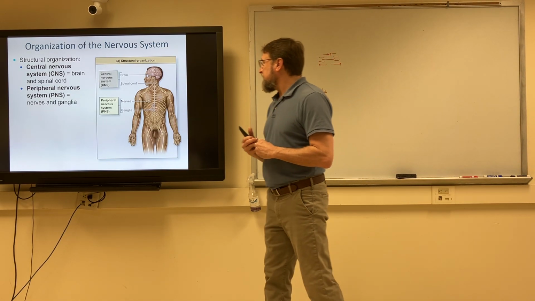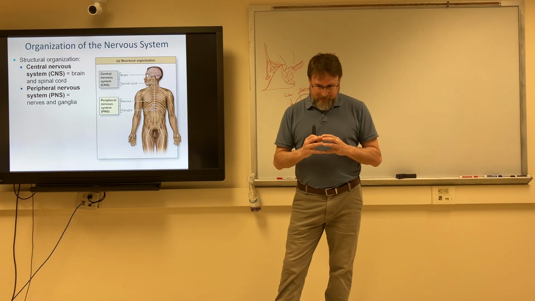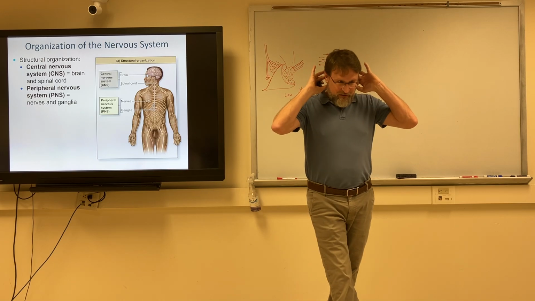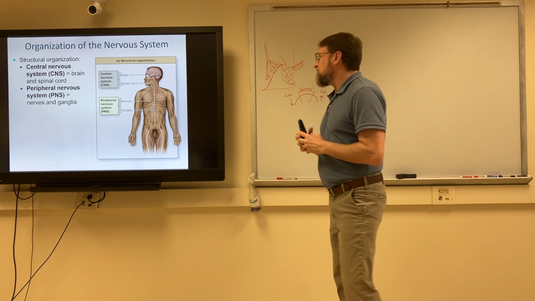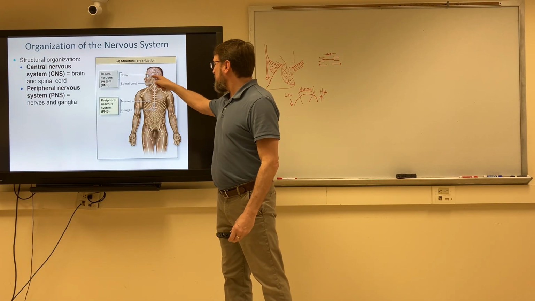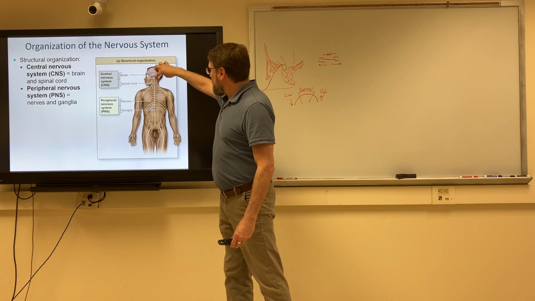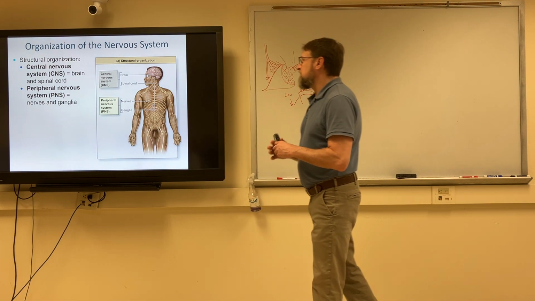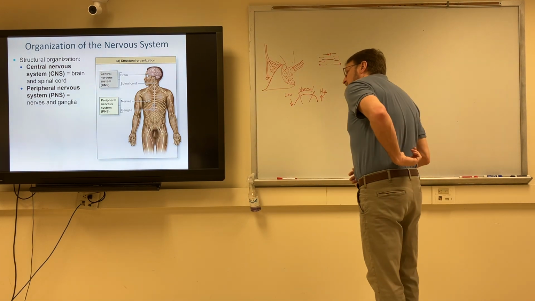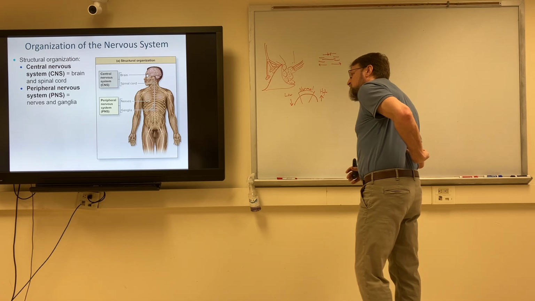The way to define it is if it's protected by bone, which would be our old friend the skull, the cranium, or the vertebral column, that is called central. So the central is literally the brain itself, behind the skull, and the spinal cord, which travels right down to about there, which is inside the vertebrae. It stops here in the beginning of the L region.